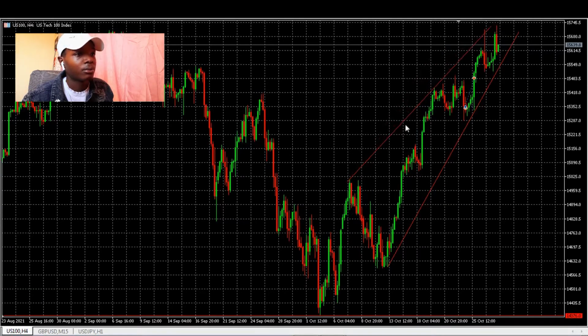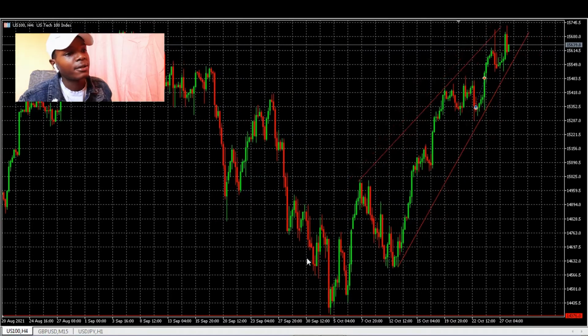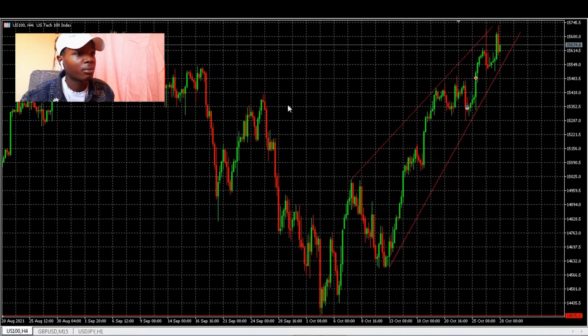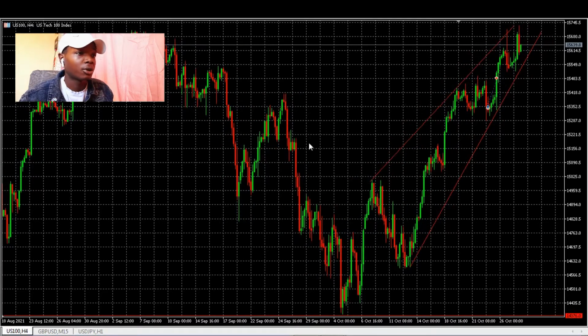So we have our trend line. This just gives us a basic view of the market going upwards in an uptrend now. So the market is currently in an uptrend. Okay, so that's what we saw.